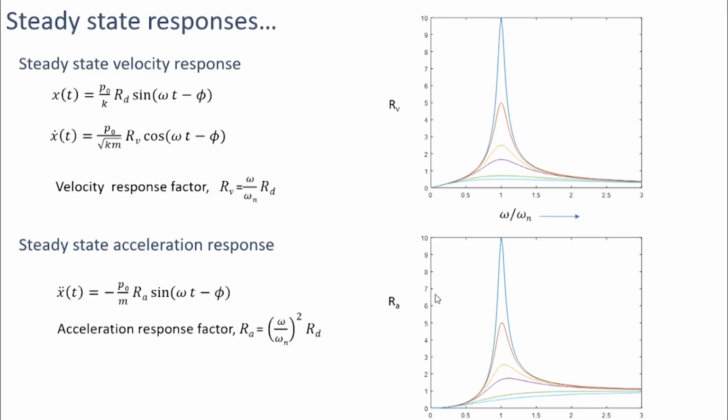But Rv and Ra become equal to 0 when the frequency ratio is close to 0. And when the frequency ratio is much higher, Rv is equal to 0, similar to Rd, but Ra converges to 1.